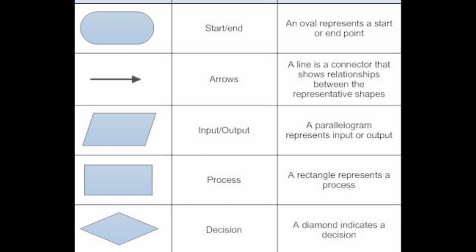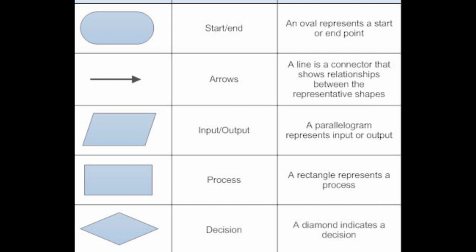Now let us revise once. These are all the symbols we have noted again, and in the picture you can see that on the top we have a symbol. We call it an oval shape and it represents the start or end point. Second symbol is the arrow. It can also be called a line. It is used to connect different components. Third symbol is the parallelogram.